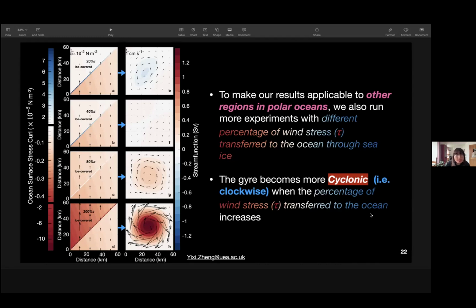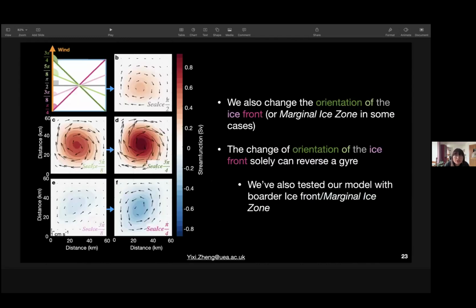And then another experiment that we were doing was that we changed the orientation of the sea ice front, or the marginal ice zone in some cases. So that is the line that I showed you that is separating the sea ice free zone and also the sea ice zone. And then we change this front orientation and then see what's happening in our model.